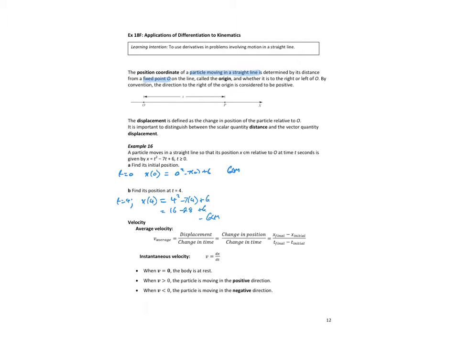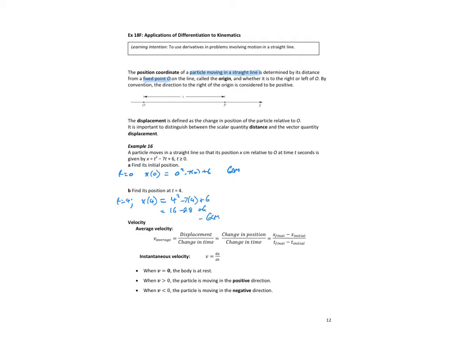So over that 4-second period, the distance I've travelled is from the 6 centimetres where I was to the negative 6 centimetres. So I've travelled 12 centimetres, but my displacement from the origin is 6 centimetres. Okay?